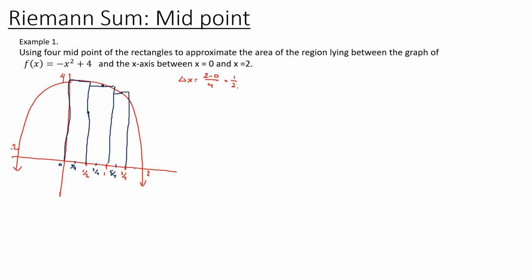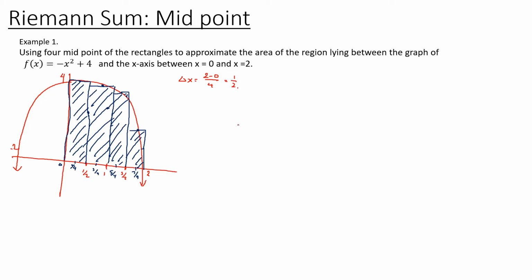And the last one is 7/4. Roughly you can see that the little gaps are getting covered by the over approximation. This piece is going to cover that. That small little piece that's over is going to cover this gap, and so on.